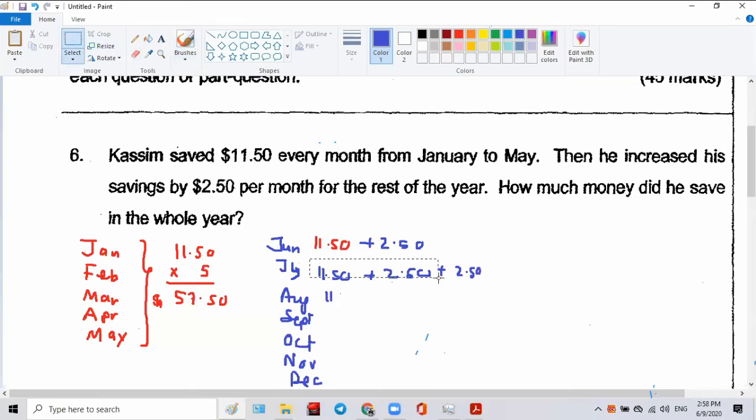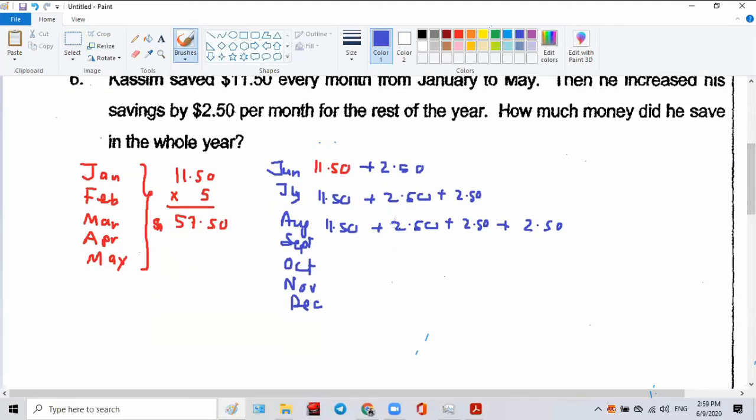I think I'll put a copy now. I'm lazy to write. Do you know what's happening? Plus 250. Sophia, can you follow? I don't want to confuse you, so I got space, so I just copy.